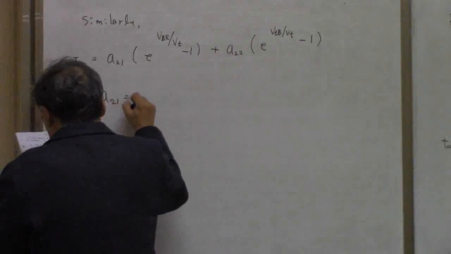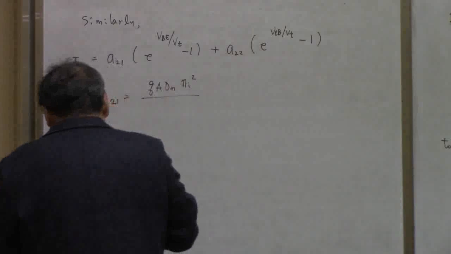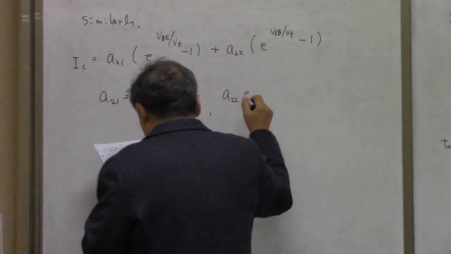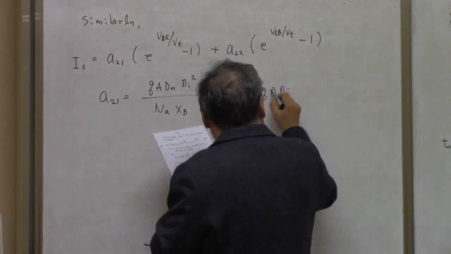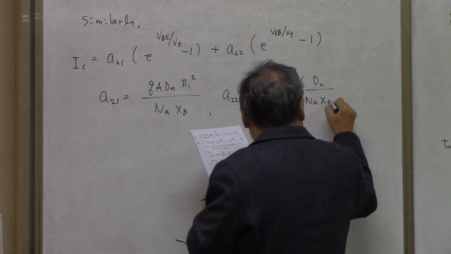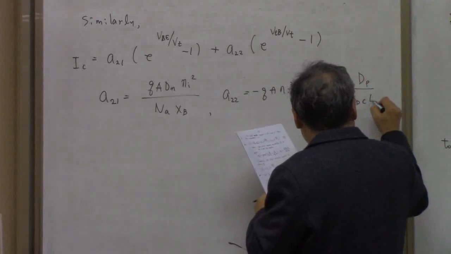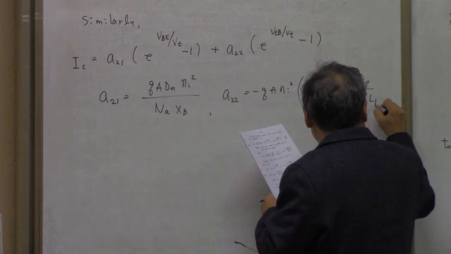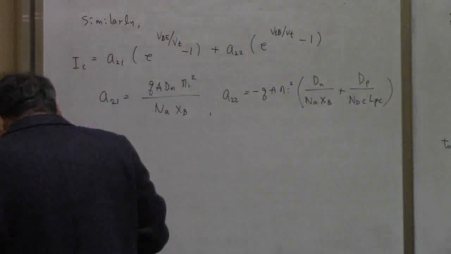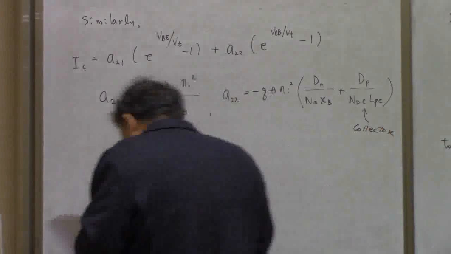Here A21 is Q A DN ni squared over NA XB, and A22 is Q A ni squared, DN over NA XB plus DP over ND XC. That's just for the collector, the sign for the collector.